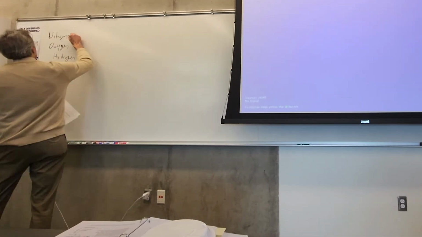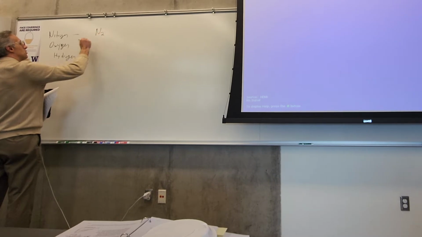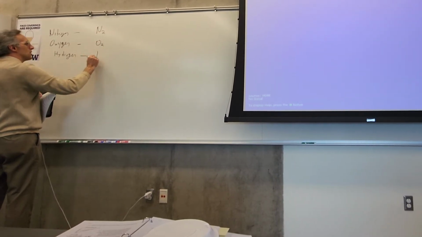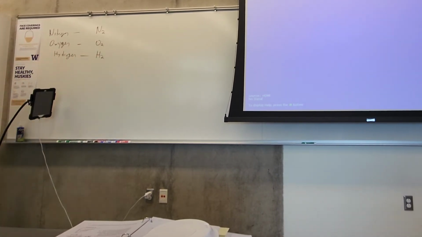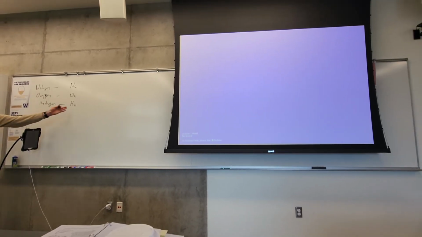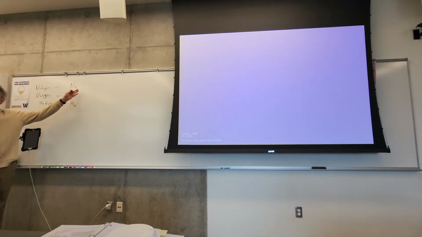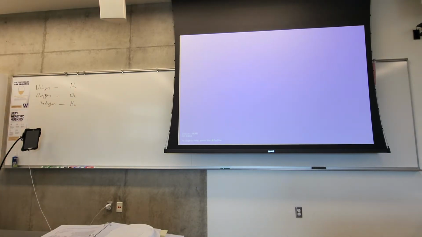So nitrogen is almost always going to be N2, oxygen O2, hydrogen H2. So when you look up the molar mass, be sure that you're looking it up for H2, O2, and N2, not just N by itself or O by itself. These gases really only exist momentarily as single atoms, and they're highly unstable, and they'll quickly react with something else to form a more stable compound.